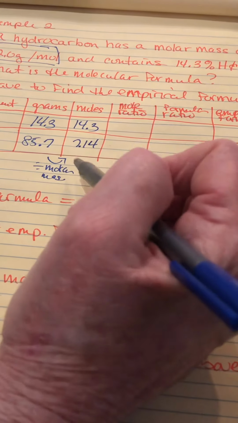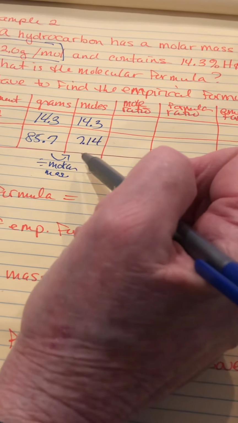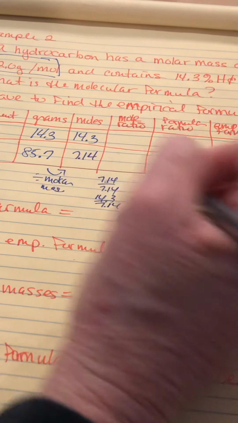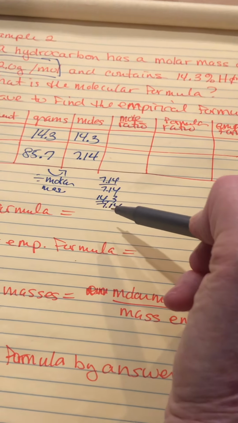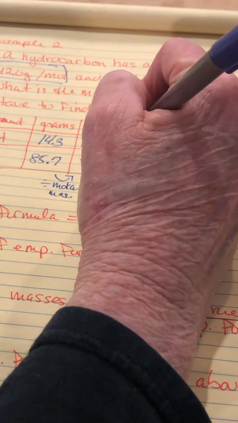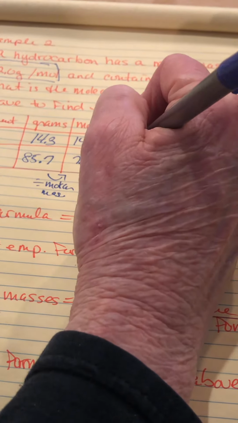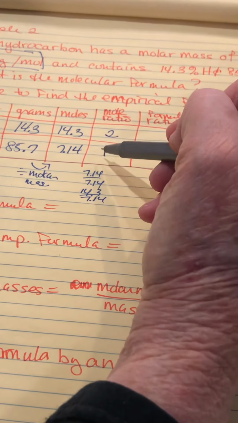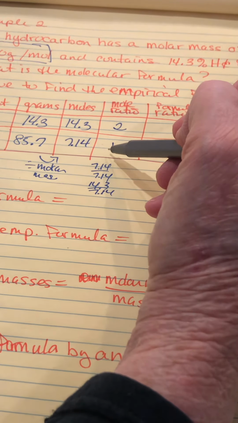Now to go from moles to mole ratio, each of these gets divided by the smallest one. So we have 7.14 divided by itself and 14.3 divided by 7.14. Dividing each number of moles by the smallest number of moles gives me 2 moles of hydrogen and 1 of carbon, or a ratio of 2 moles of hydrogen to 1 mole of carbon.